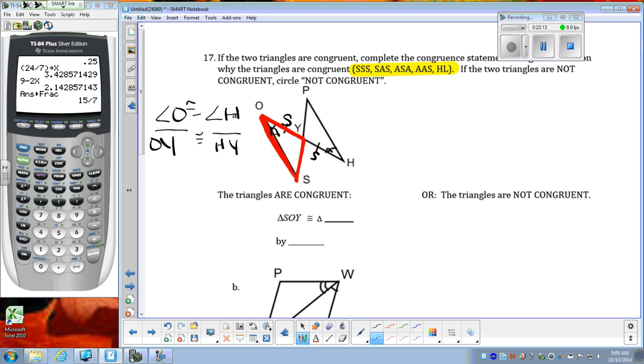And I also have these vertical angles here. So I know that angle OYS is congruent to HYP. So these are an angle. So I know that these two triangles are congruent by angle, side, angle. And so SOY is congruent to PHY.